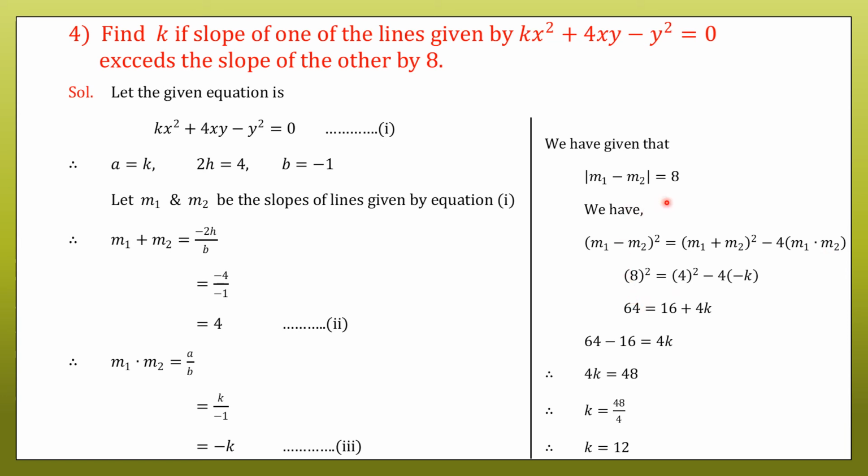Since m1 minus m2 is 8, 8 square equals m1 plus m2, that is 4, square, minus 4 into m1 multiplied by m2, which is minus k. 8 square is 64 equals 4 square, which is 16, minus 4 into minus k, that is plus 4k. Take 16 to the left-hand side: 64 minus 16 equals 4k. 64 minus 16 is 48. k equals 48 divided by 4. Therefore, k equal to 12.